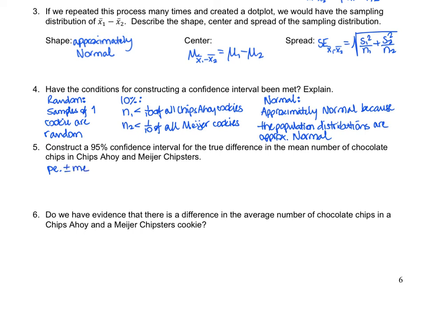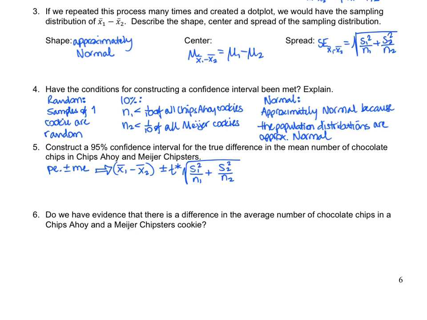Then we get a little bit more specific, and that means we're going to have an x1 bar minus x2 bar, our difference in means, plus or minus, and if you remember we talked about this a long time ago, instead of z star we're going to use t star, and then we're going to have the standard error, which is going to be the square root of s1 squared over n1 plus s2 squared over n2. So that right hand side of the plus or minus is going to give us our margin of error.